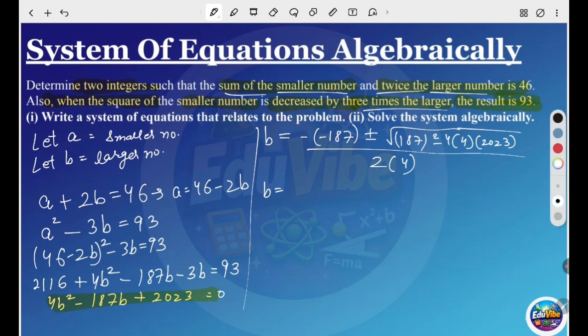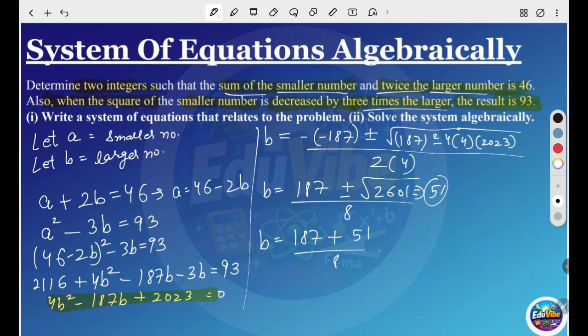Now you have to deal with this: this is 187, plus minus. When you solve this in the calculator, you get a discriminant of 2601, and 2 into 4 is 8. So 187, if we do the positive addition of that, 2601 is a perfect square of 51, upon 8.